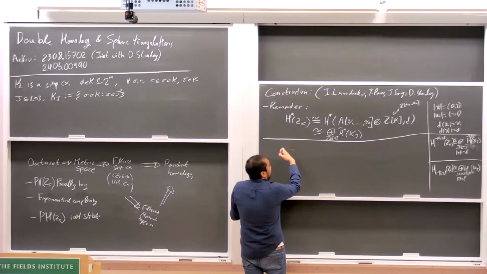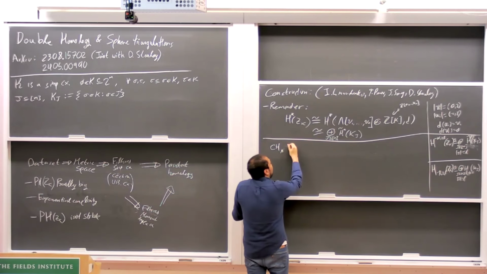So you can put a differential on this homology and call it CH. Let's see, yeah, CH. I'm going to do homology instead of cohomology from this point on, actually.